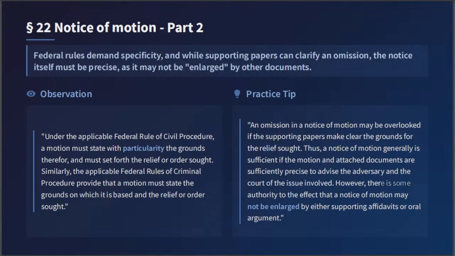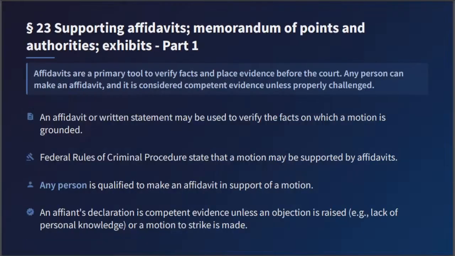However, there is some authority to the effect that a notice of motion may not be enlarged by either supporting affidavits or oral argument. So, some authority. So these are things where, depending on the jurisdiction and the venue, you consider whether you can enlarge the motion outside of the notice that you give to the other party and to the court.